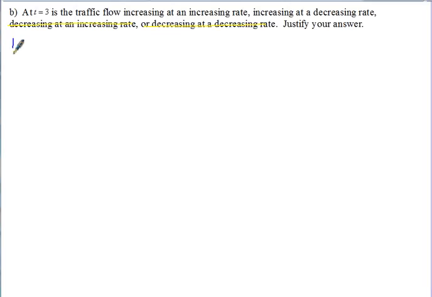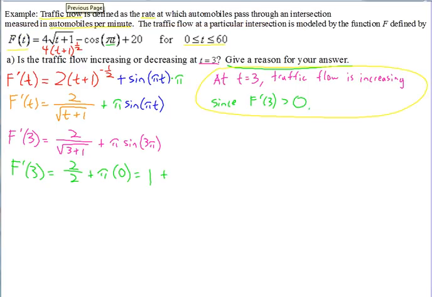So let's find f double prime of t. So we've got our first derivative right here. If we use this form right here, use the power of negative 1/2 times 2 is negative 1.